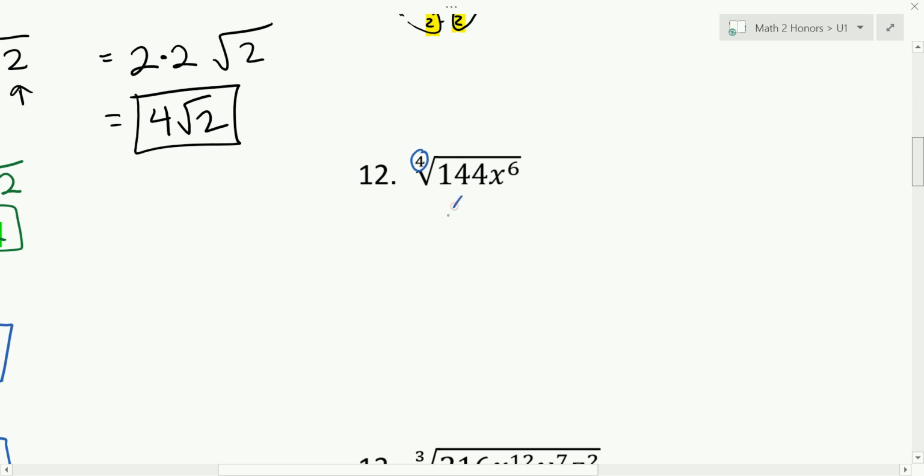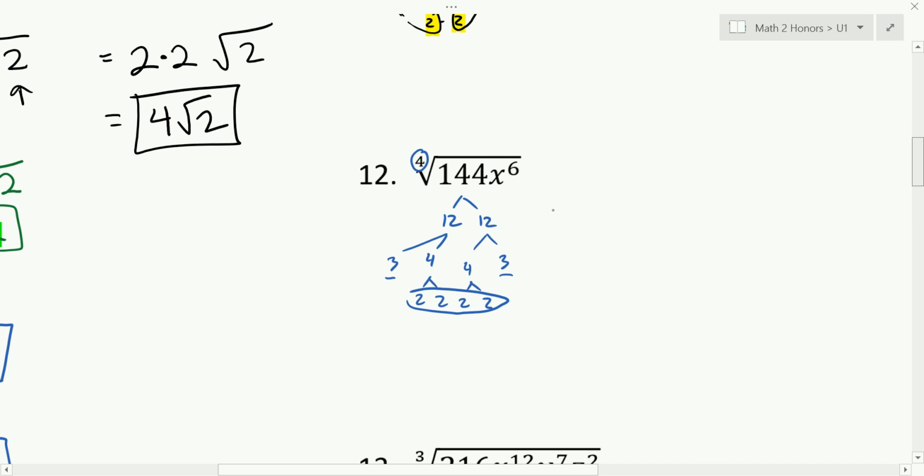And so this is 12 times 12. 4, well, let's go 3 times 4, and 4 times 3, and 2 times 2. And so we have, I'm looking for 4 things. I got 4 2's here, and then those 2 3's are going to be stuck underneath the 4th root. Can't circle those.